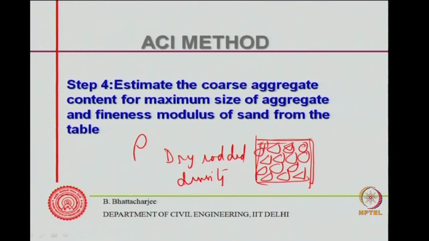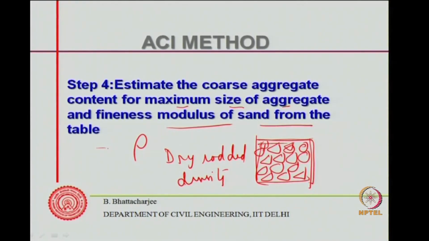So, estimate the coarse aggregate content for the maximum size of aggregate and fineness modulus of sand from the table. The volumetric coarse aggregate content, or proportion of coarse aggregate in fractions, we can find out just now.